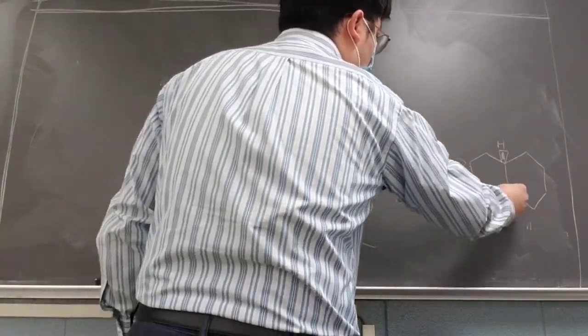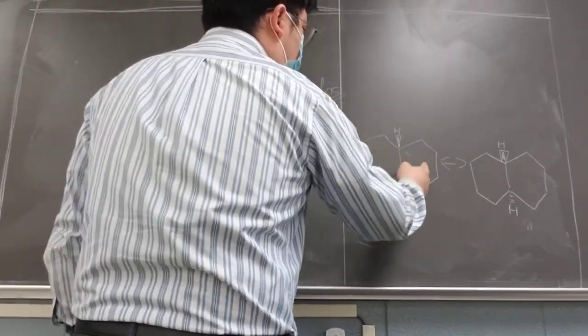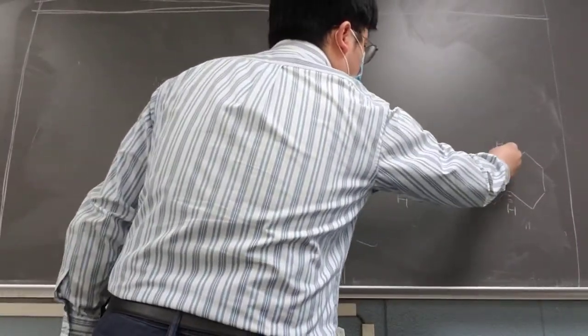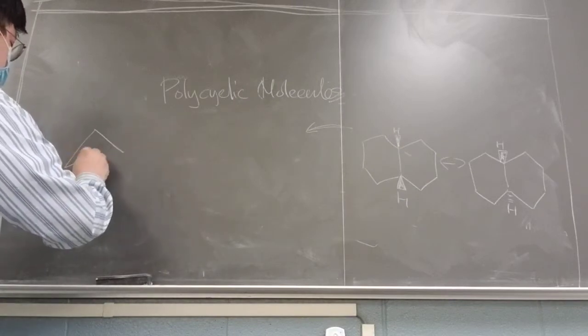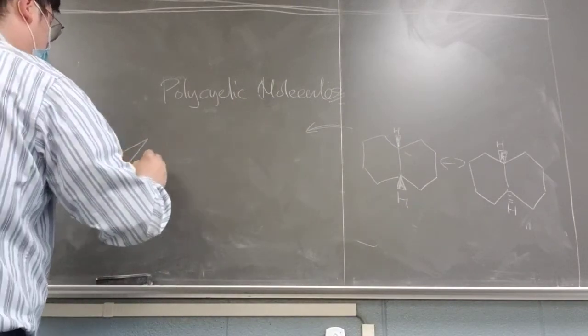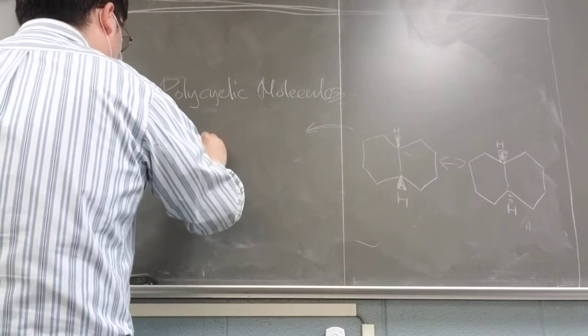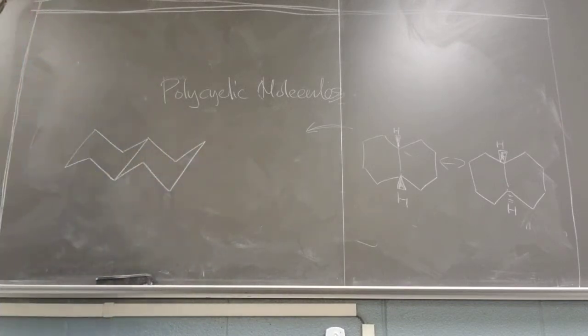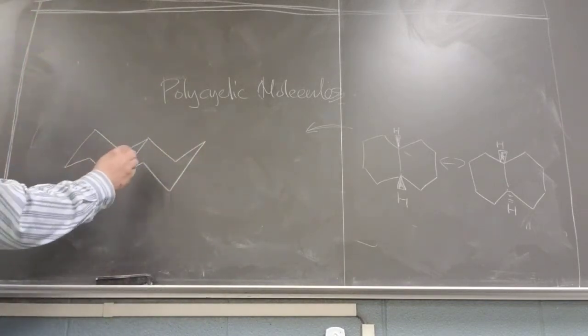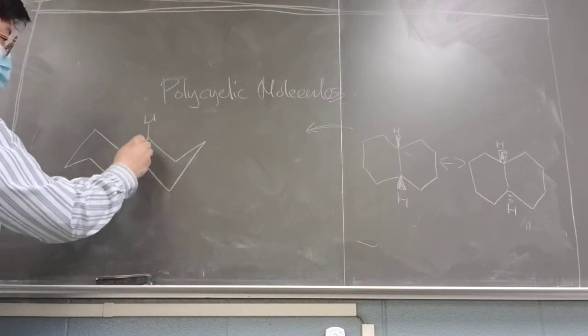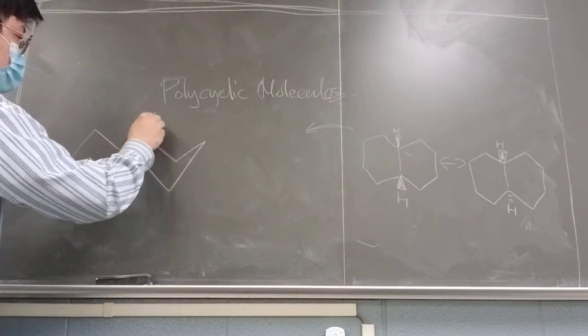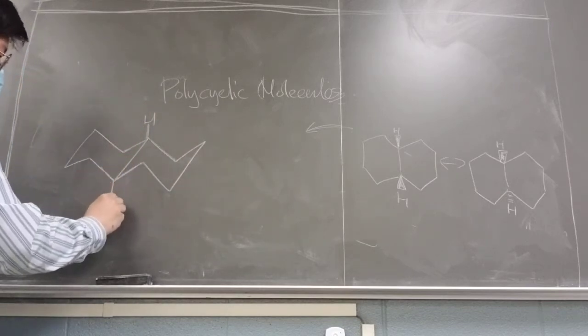I can actually show you. So if you do this one first, okay, you have this one, and you can try to draw this one. So if you look at this one here, all the carbons are linked. So there's only the position they're heading: up axial, down axial, right?